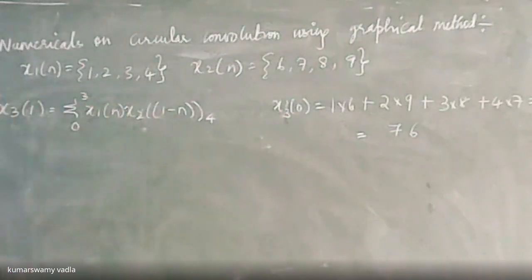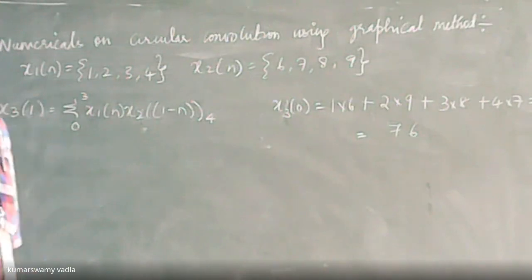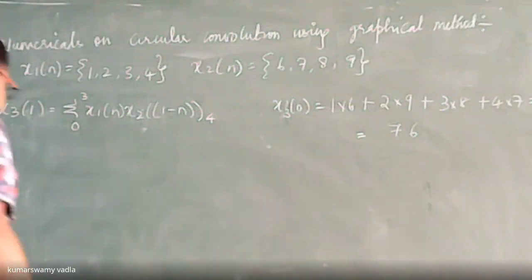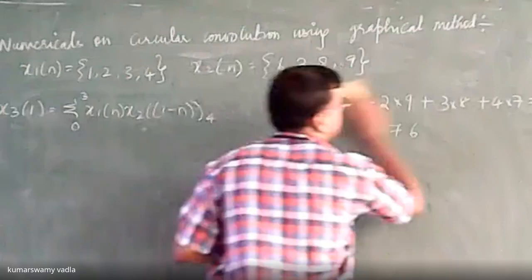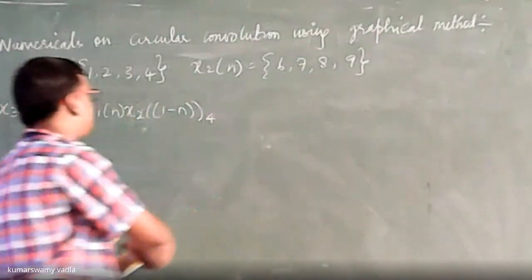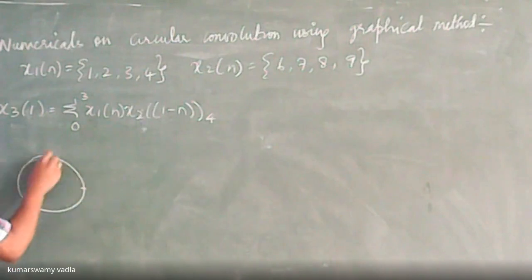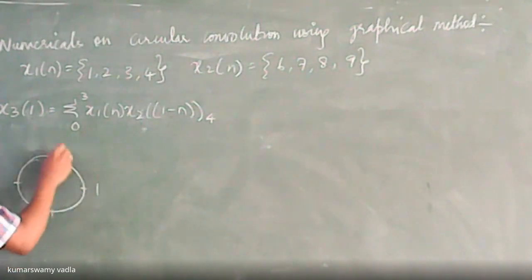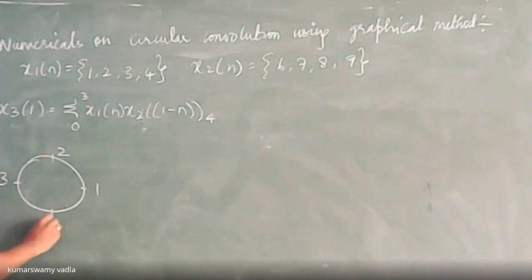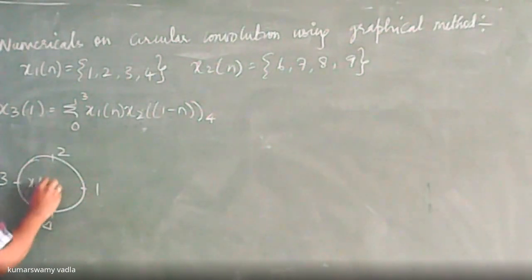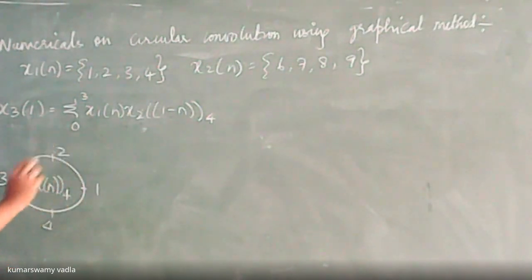This is what we need to draw. Are you getting the point of discussion, students? Now, first draw x1 of n: 1, 2, 3, 4. This is x1 of n modulo 4.